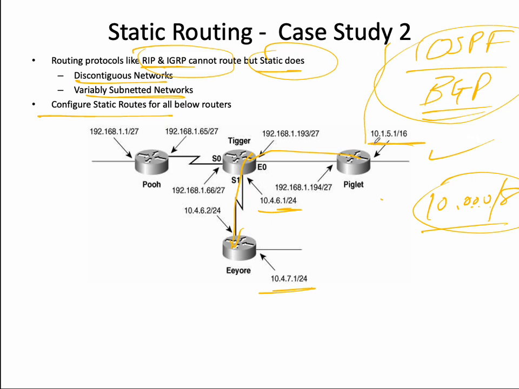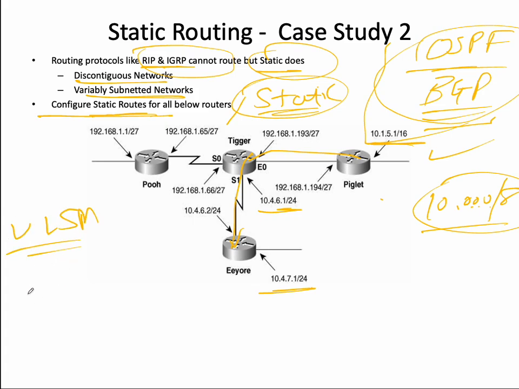So it's better to use OSPF or BGP, but if it's a smaller network, you can still use a static route. Static routes do support that. Basically the VLSM concept. We know how to subnet the networks and subnet the subnets. That's the VLSM concept.